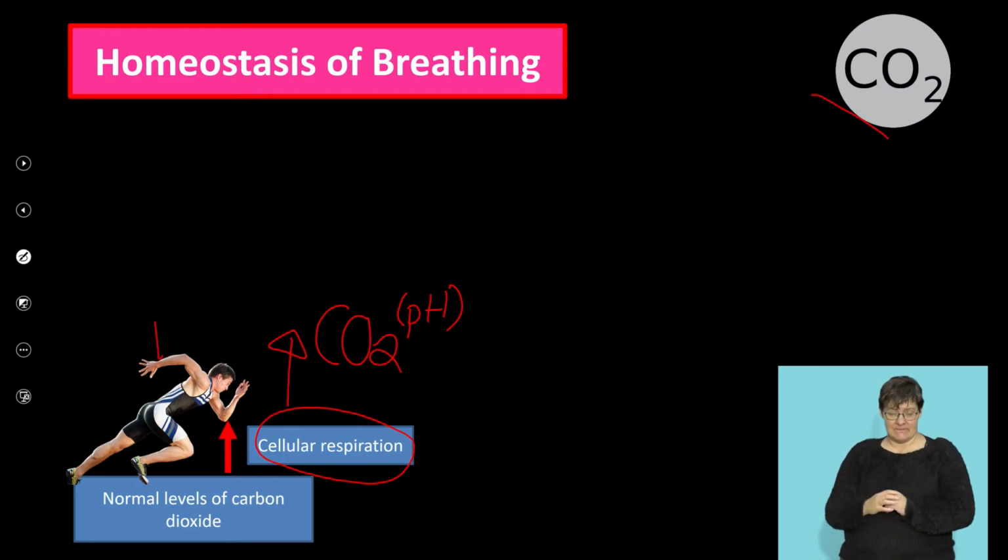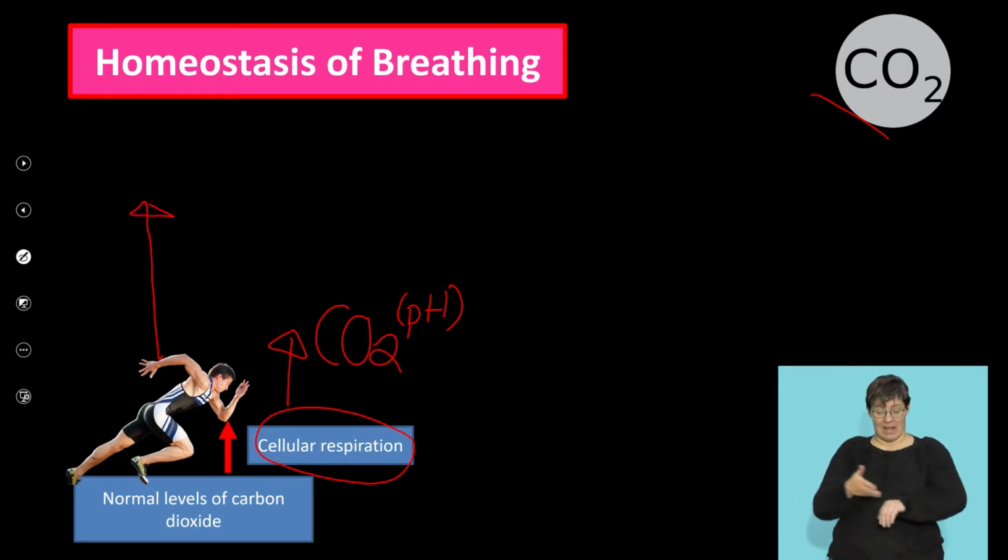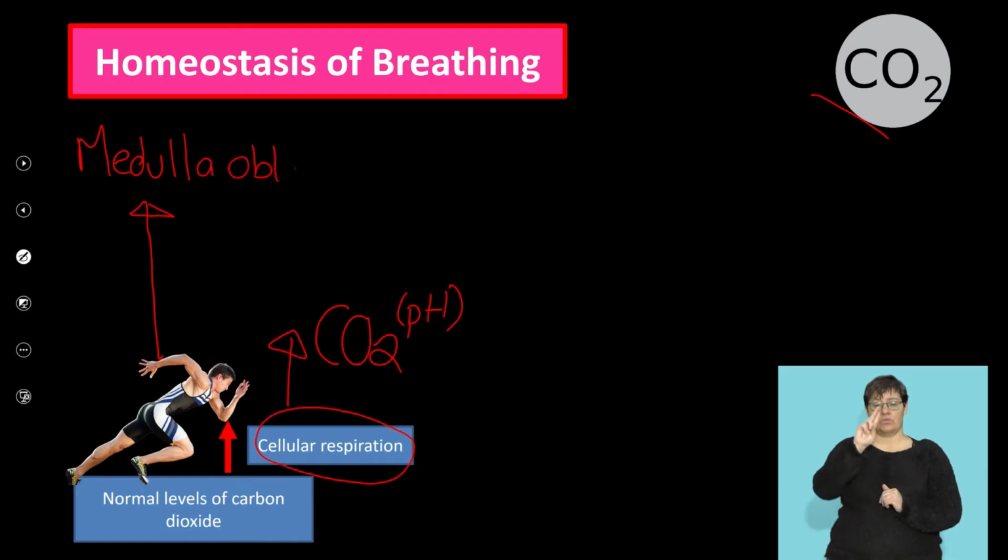So what happens when these high carbon dioxide levels are in my blood? Blood rushes through the brain, specifically an area called the medulla oblongata. It's the brain stem, the very bottom part of my brain.